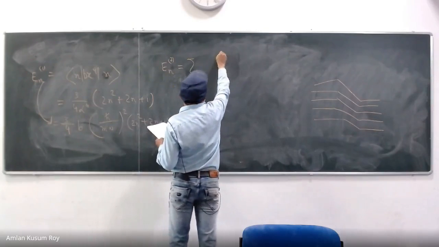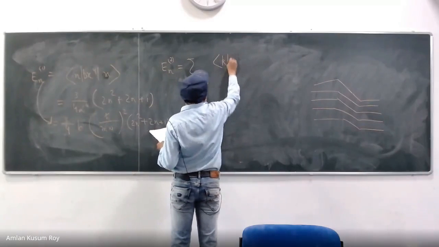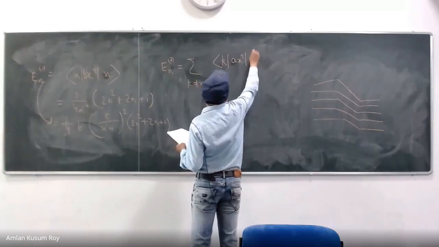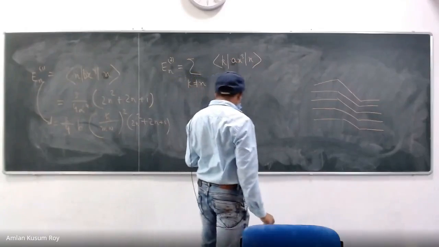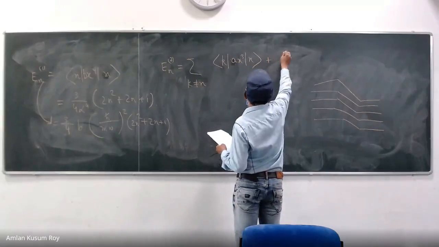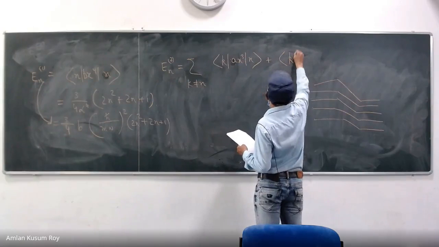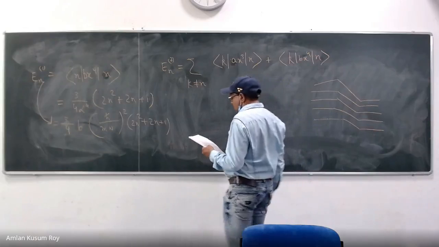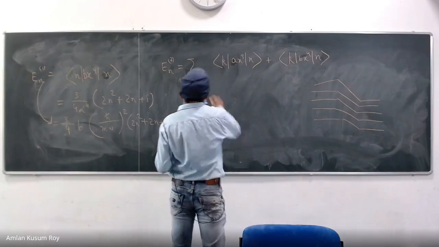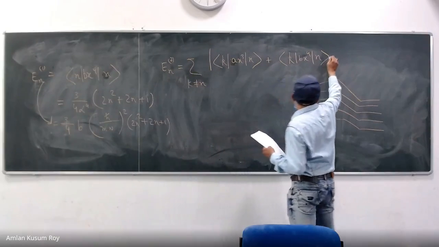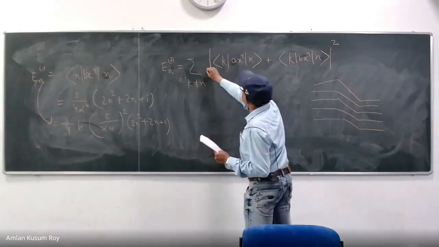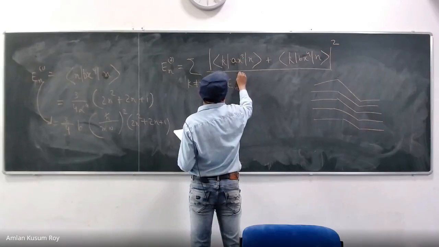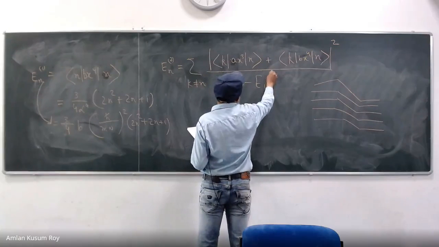Okay, ax cube, where n and k are the kets of the harmonic oscillator, plus bx to the power 4 between k and n, and it must be whole square because this is the H prime, over En0. That is the meaning of that expression.